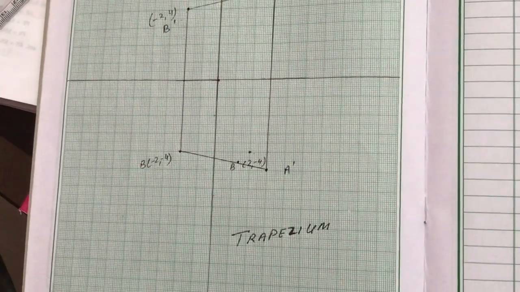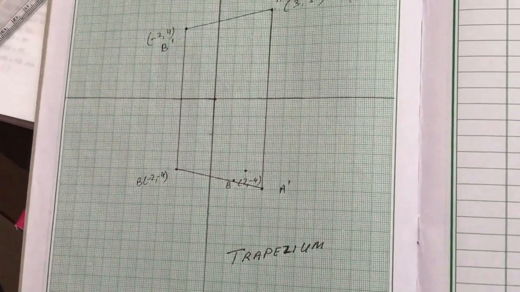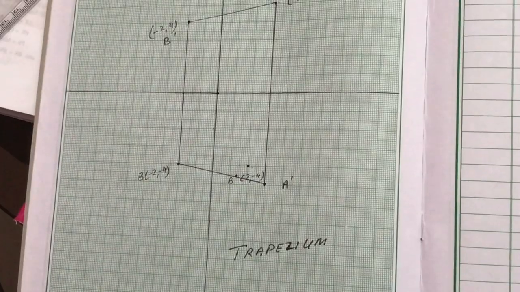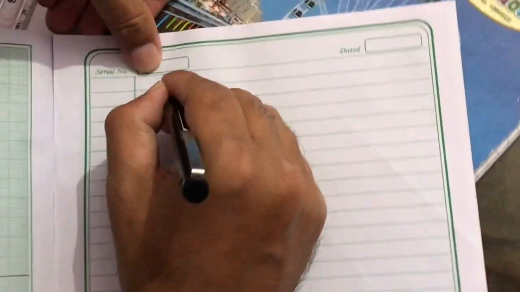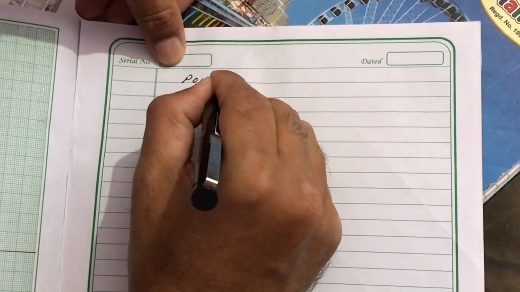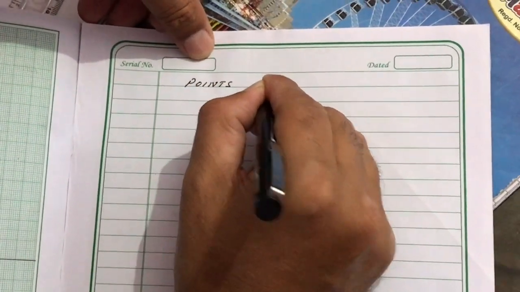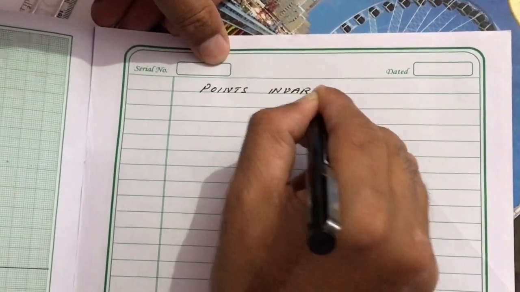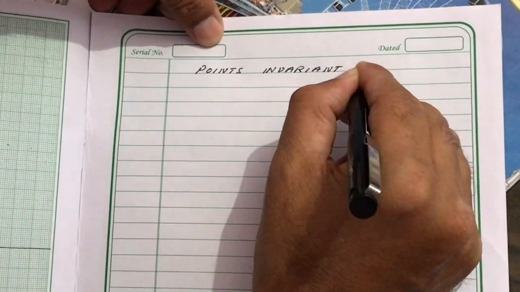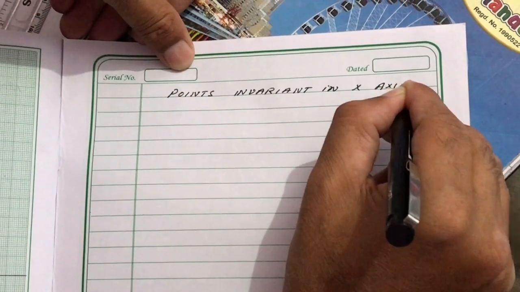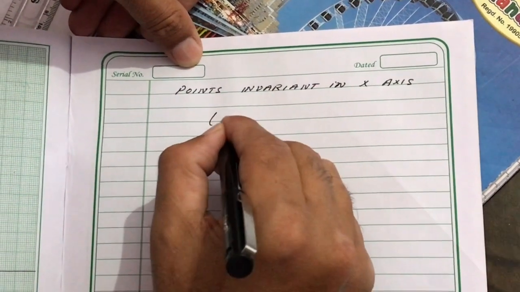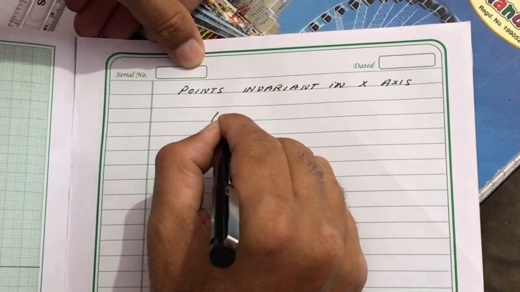Fifth one is name two invariant points under reflection in the x-axis. So when points are invariant in the x-axis, I can write anything in the place of x.